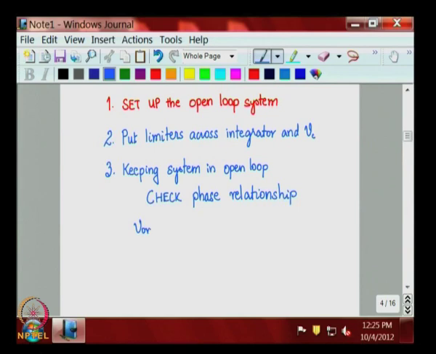When V naught ref is increased, V naught feedback should increase, then you are having proper phase relationship. When V naught ref decreases, then V naught feedback should also decrease, only then you have proper phase relationship.